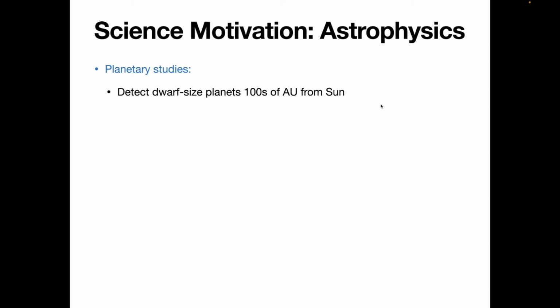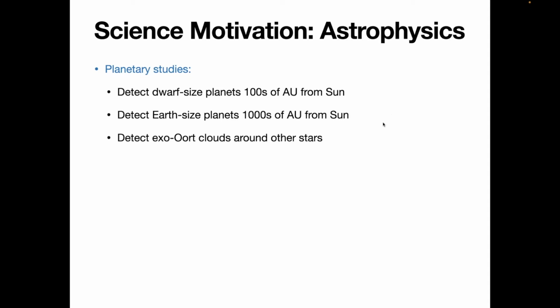If you want to see objects far away, you actually want to look in the millimeter. So an instrument like CMB-HD would allow you to detect dwarf-sized planets hundreds of AU from the sun, or even Earth-sized planets thousands of AU from the sun. So say if there's a Planet 9 out there, for example, you'd be able to detect it just using the intrinsic millimeter wave emission from the planet itself.